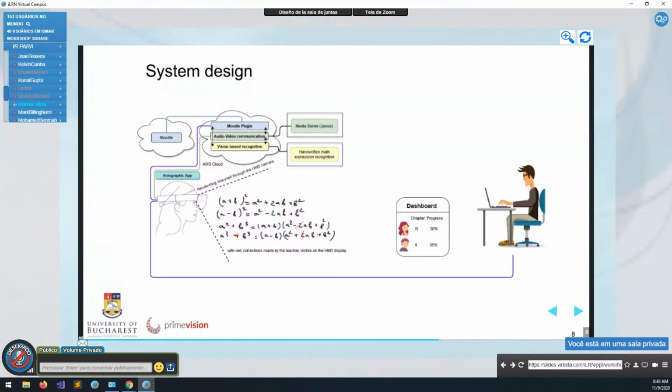What is drawn here in red is only seen in the headset. It's the virtual content provided by the teacher, and it is overlaid on the handwriting of the pupil.